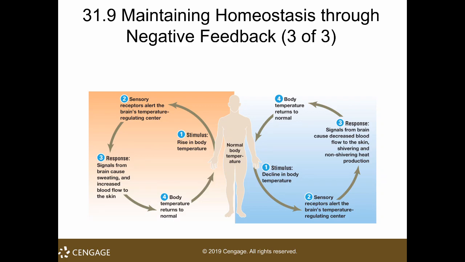Due to those responses, your body temperature will increase until you reach the normal state. So that's basically how you maintain the normal body temperature despite the outside environment becoming too hot or too cold. That's how you do homeostasis.